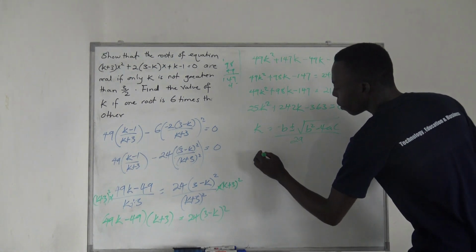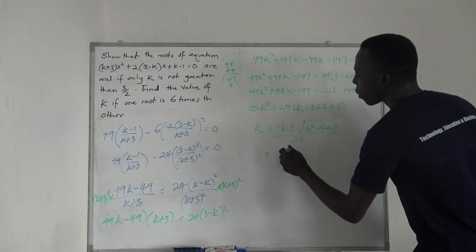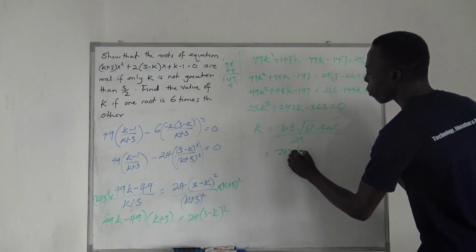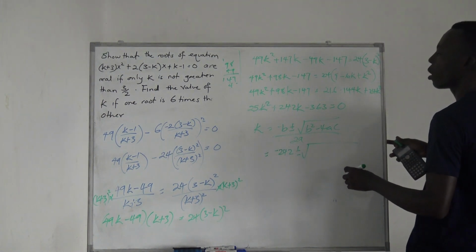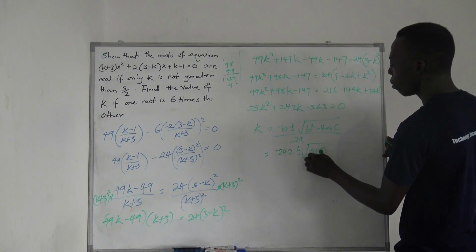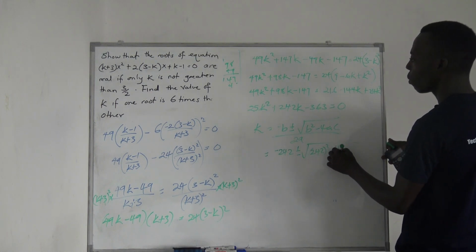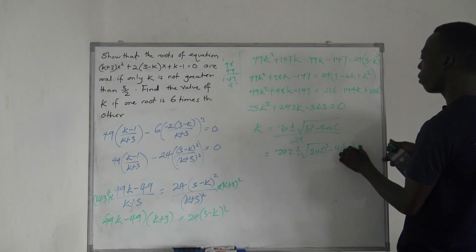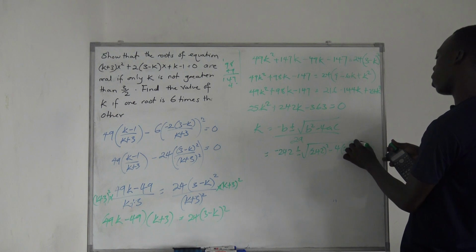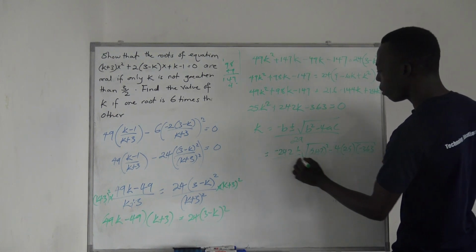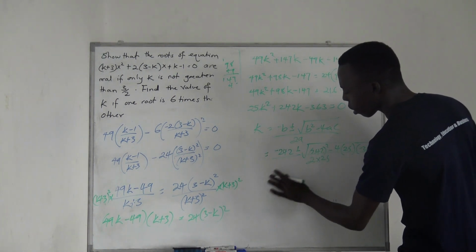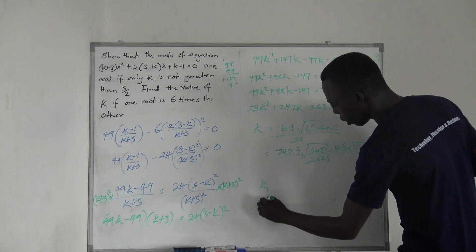So here k equals the negative 242 plus or minus root of b squared, which is 242 squared minus 4 into 25, then times negative 363, then all over 2 times 25. For this case, we shall have K1 and K2.